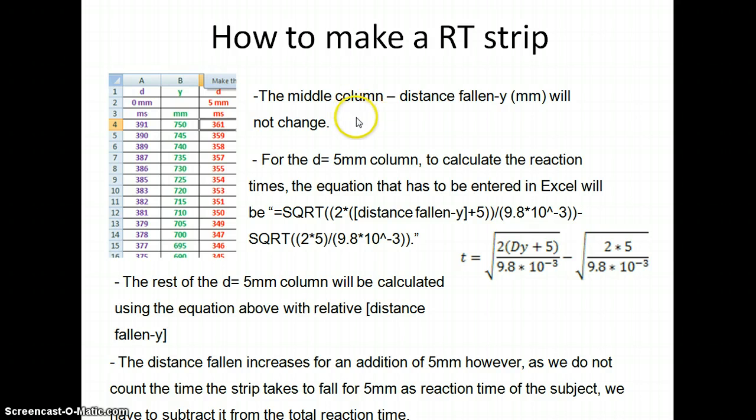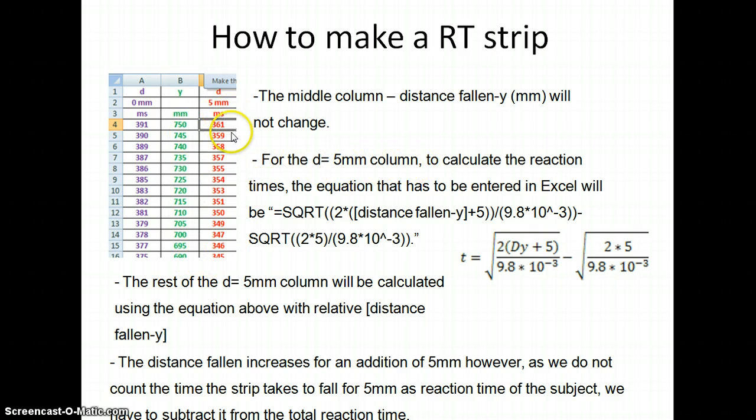So now we can make an improved RT strip. The middle column, the distance fallen y in millimeters, will not change, and we will add a d equals 5 millimeter column in the third column of Excel next to this middle column.